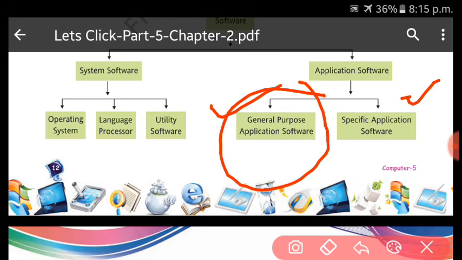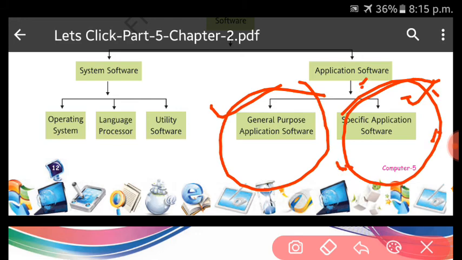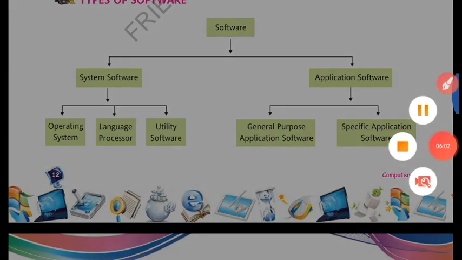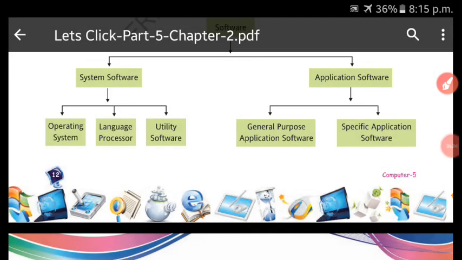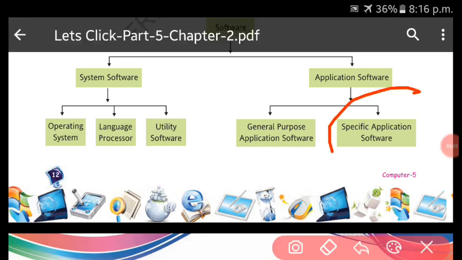But specific application software is developed for a particular organization, a particular company. For example, banking software is only for the banks, it is specific for the banks. Remember that, so don't get confused.